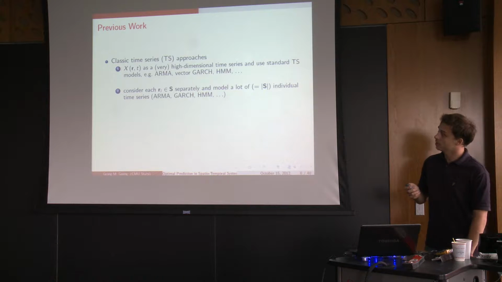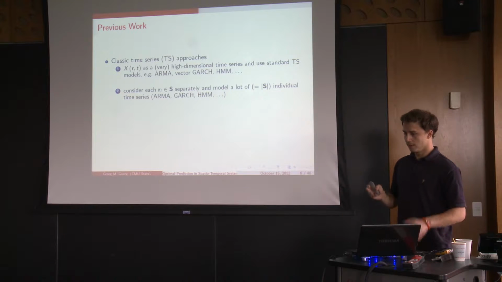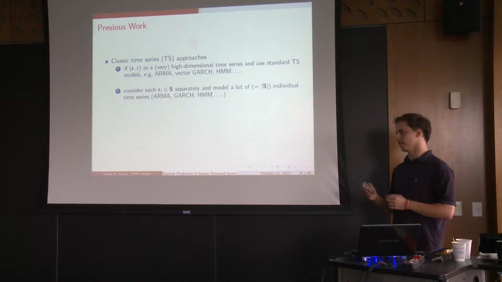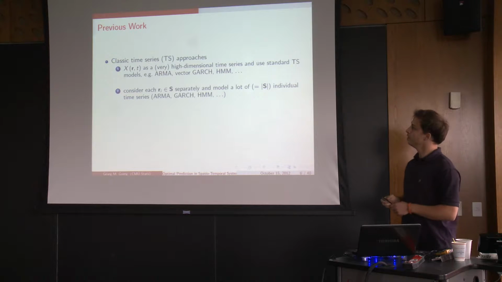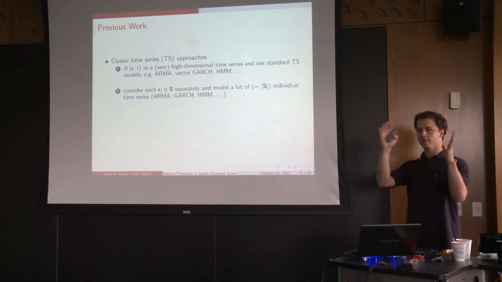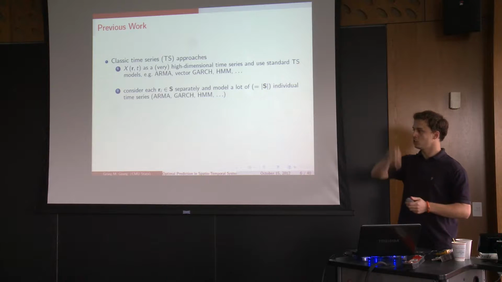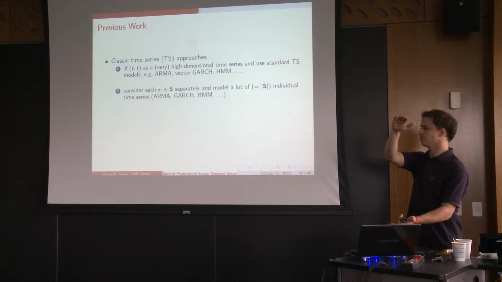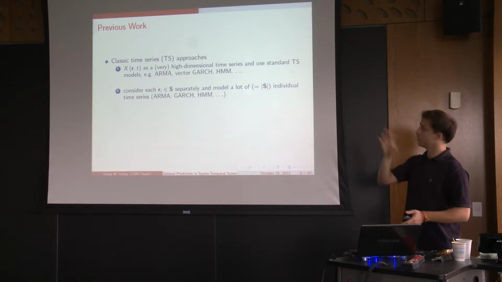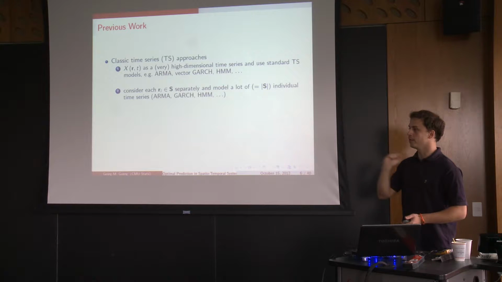And previous work for the forecasting is typically time series related, right? I mean, you have a time series and you want to forecast. So you could think of this huge image that I showed you, each row, like the whole row, as an n-dimensional time series. And you fit some high-dimensional time series model to them. And then you make predictions.